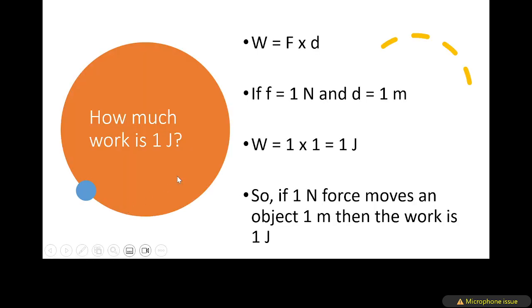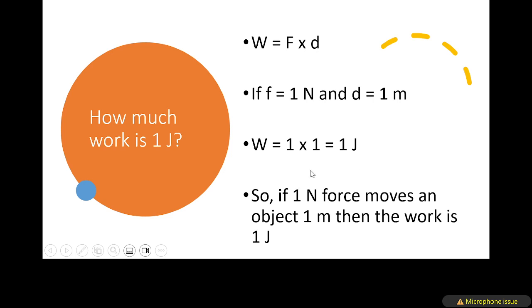How much work is 1 joule? We have the formula W equals F times D. If force is equal to 1 Newton and displacement is equal to 1 meter, we multiply 1 times 1, it is 1 joule.